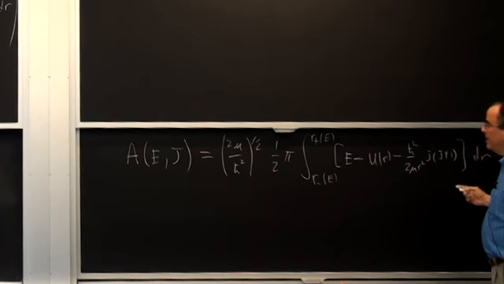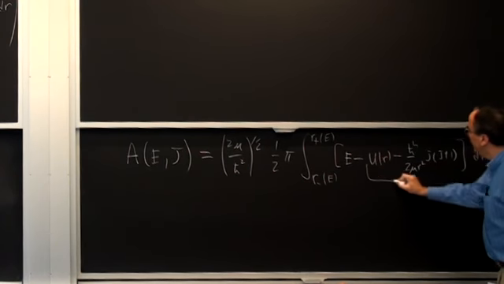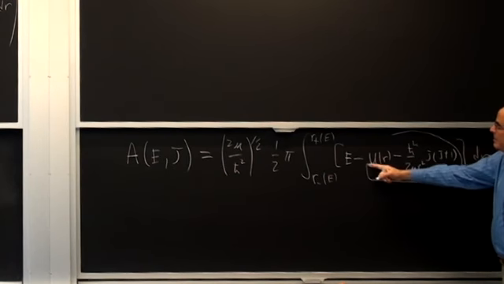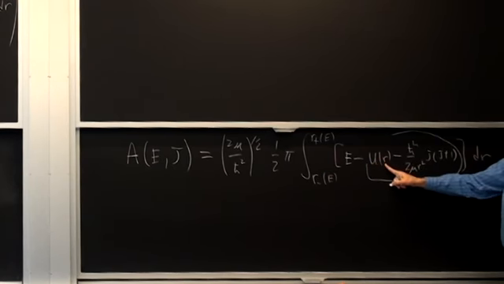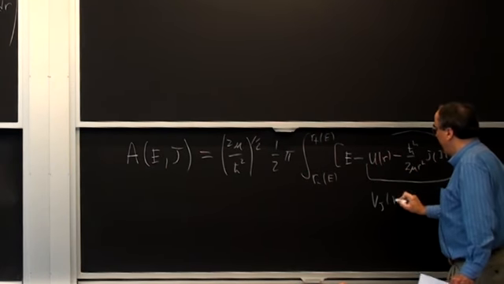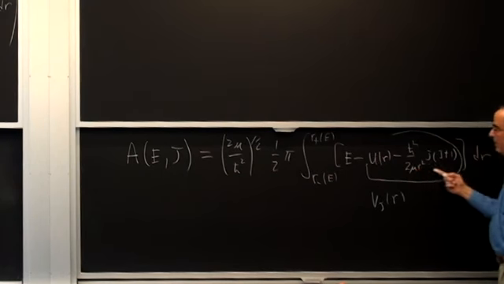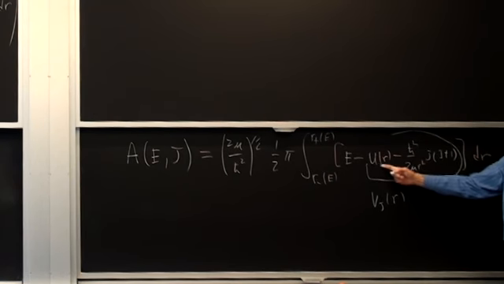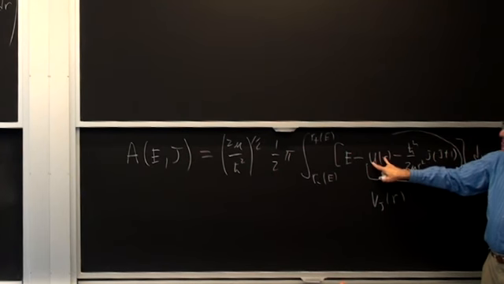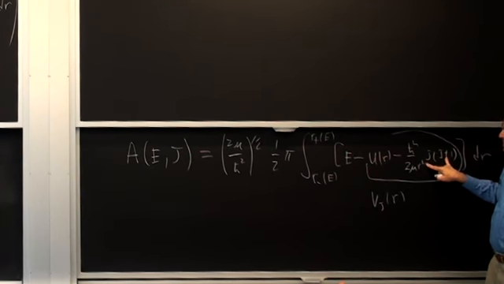Okay, so what is this? This here is the centrifugal potential. This is V of J of R. Okay, this combination. And so you have the bare potential and you have the centrifugal correction.